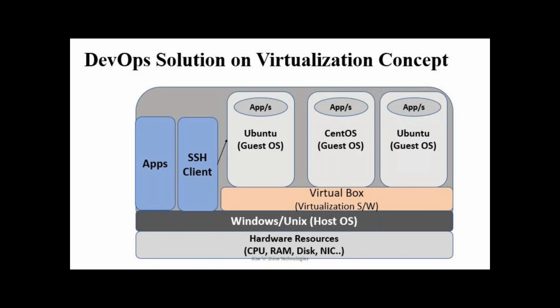The same way, if you would like to install Ubuntu OS or CentOS, I need that template, which is the binary file that will be downloaded and used to set up the operating system.